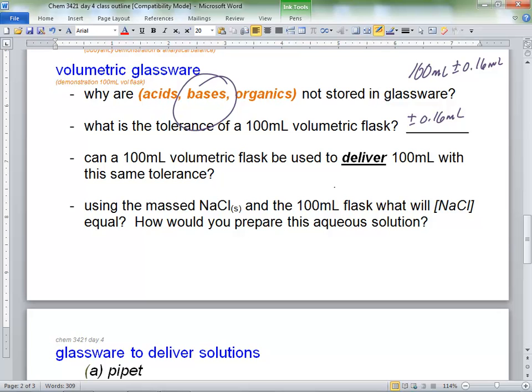Using the mass of sodium chloride, oh, here it is, and the 100 mil flask, what will the concentration of sodium chloride equal? How would you make this solution? Okay, Shelby. Well, I already dumped the sodium chloride in there.